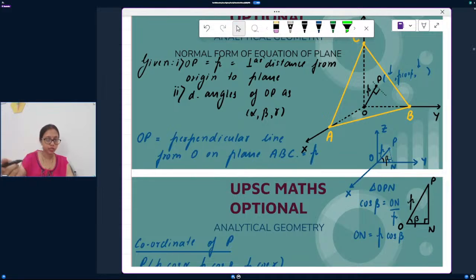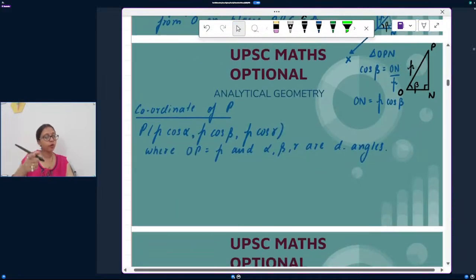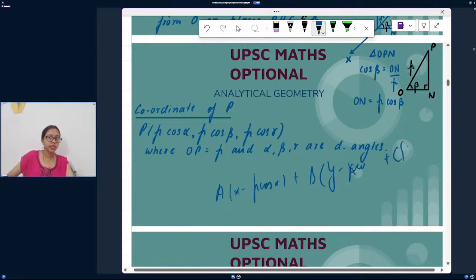I can find the equation, but the problem would be that I'll still be left with three constants. If this point is given, the equation of the plane would be a(x minus p cos alpha) plus b(y minus p cos beta) plus c(z minus p cos gamma). But I cannot accept this equation because I have some unknowns here, a, b, c. I have to eliminate those also.